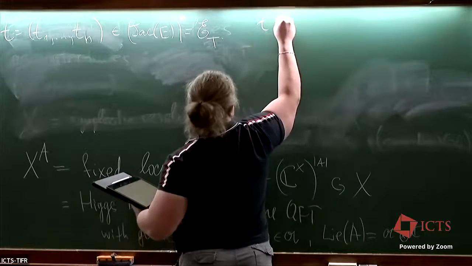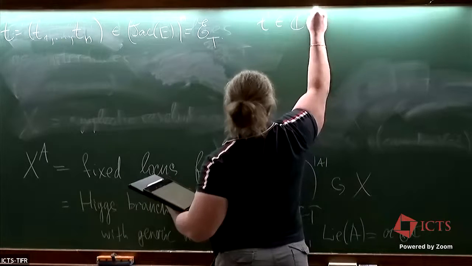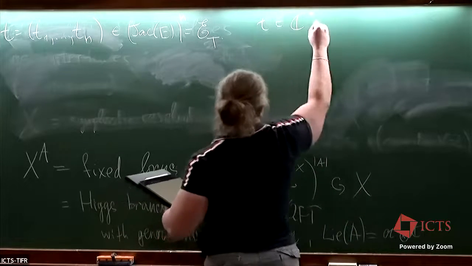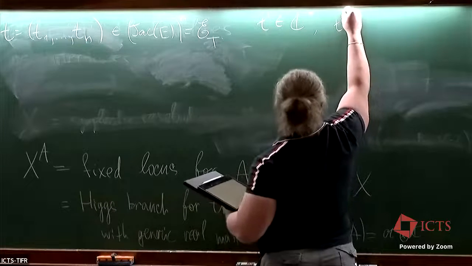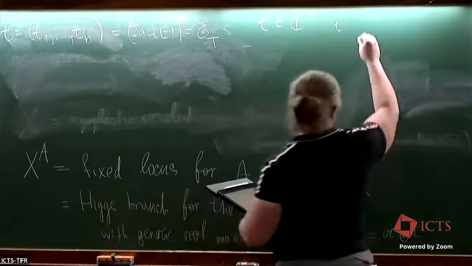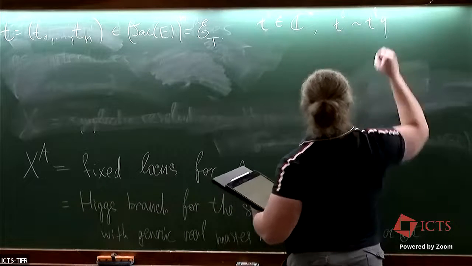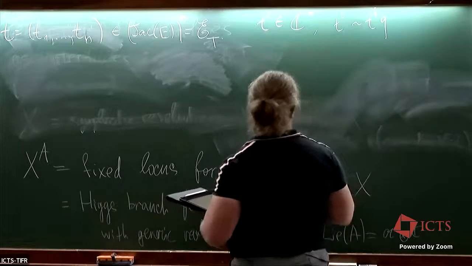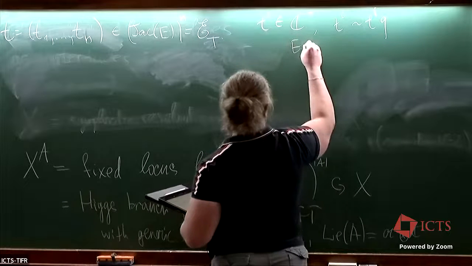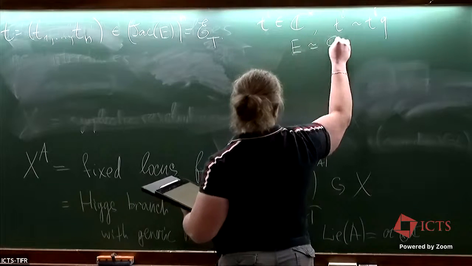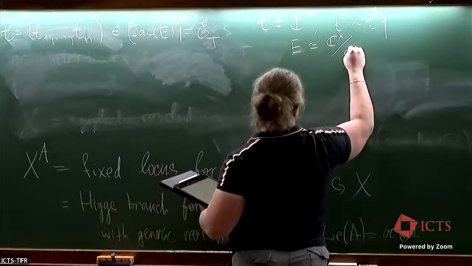Each t_i, you can think of it as just a non-zero complex number with additional identification, like this, so that it's valued in the elliptic curve, thought of multiplicatively.